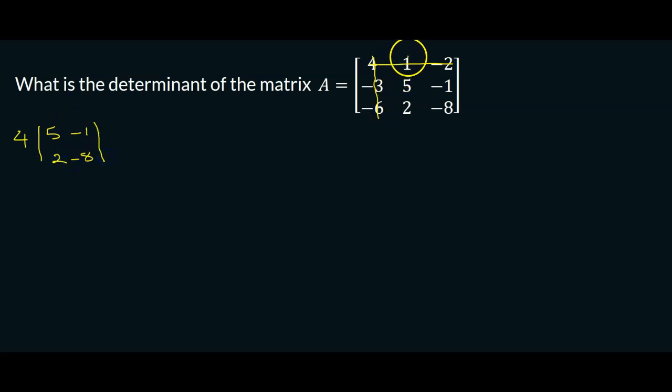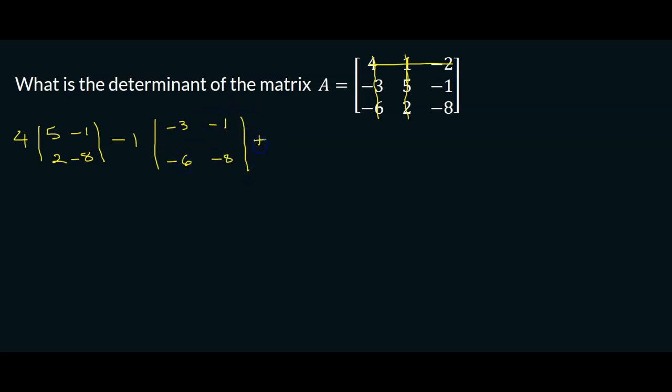And then here we have 1, so we're going to do 1 right here. So we're going to have minus 1, and then we have negative 3, negative 1, and then we have negative 6, negative 8.